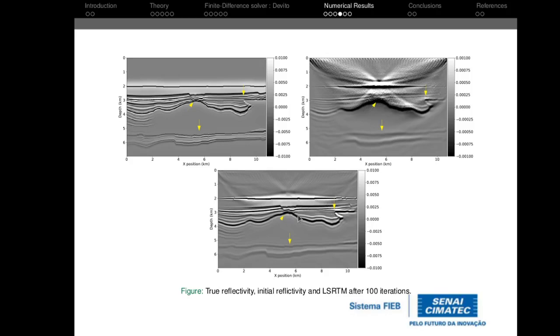You see that the top of salt now is close to the real one. The base of salt is better. The overhang is well illuminated. So after least square RTM, you have an image closer to the real one. This is a good way to QC your results, which means that we are going in the right direction.